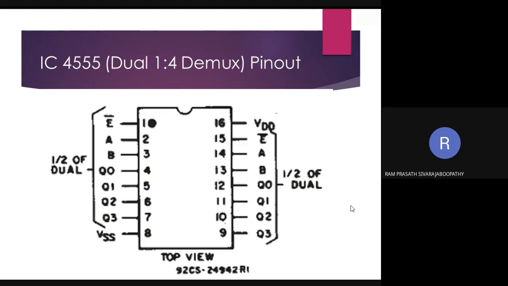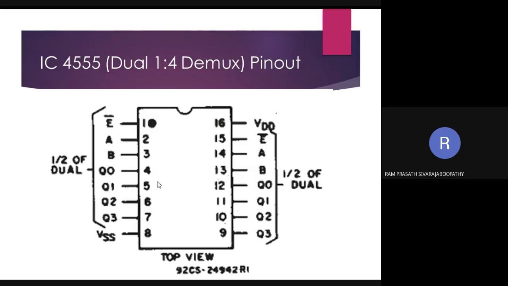For conducting the demultiplexer experiment, we are using the same IC used in the morning session, IC 4555. Here we will be having two 1:4 demux. That's why it is called a dual 1:4 demux IC. In the morning session we used this IC as a decoder. Whereas in this session we are going to use one of the demux.